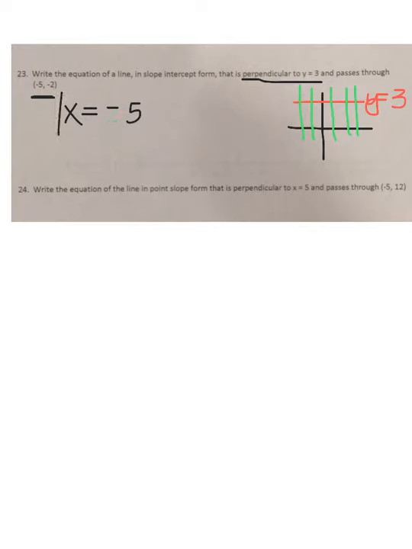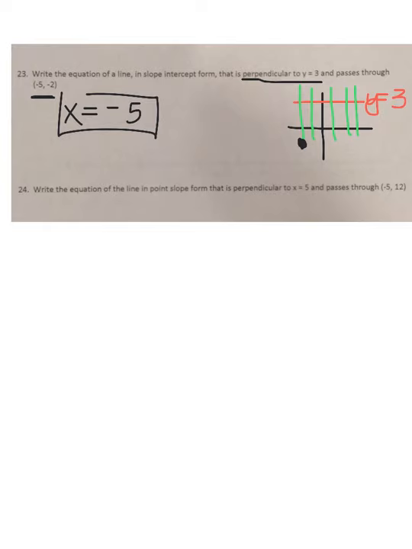Now we could look at it the more mathematical way and say, well, -5, -2 is maybe roughly somewhere down here. So then I know that this line would be hitting the x-axis at -5, okay, which gives us that equation.